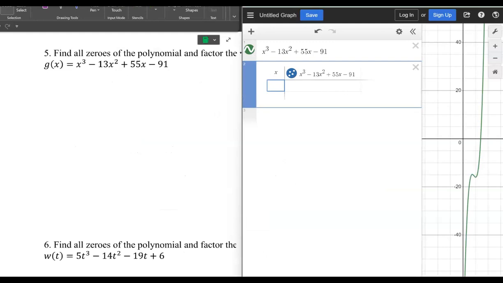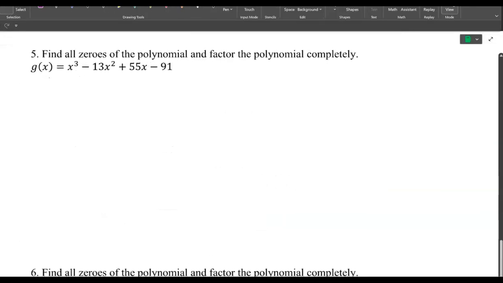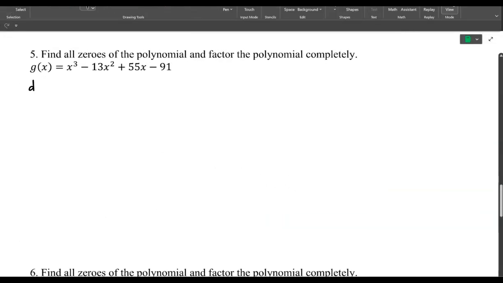Similar thing in example 5, we want to find all the zeros and factor the polynomial completely. I'll begin by listing divisors of the constant term -91. 1 and 91 is a pair, and then 7 and 13 is another pair.